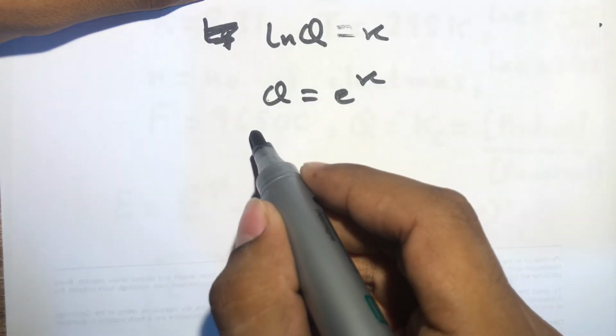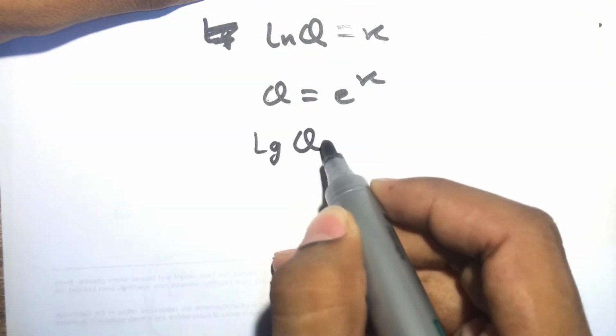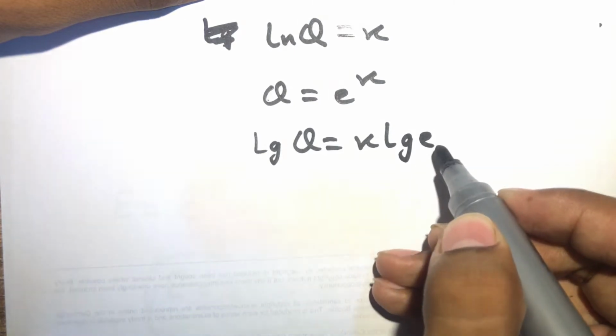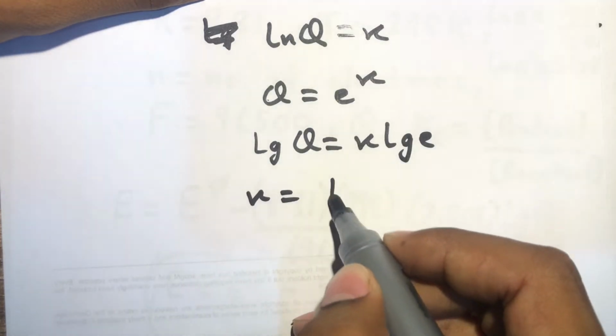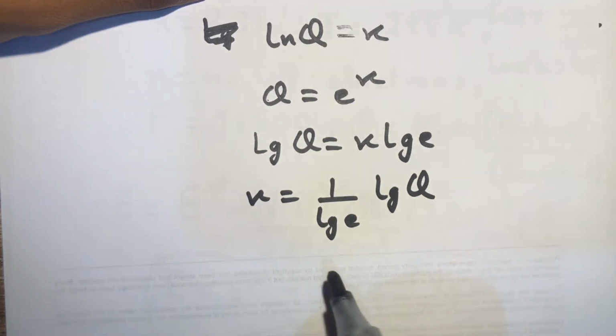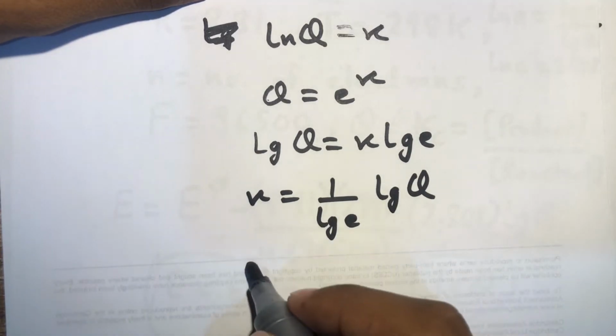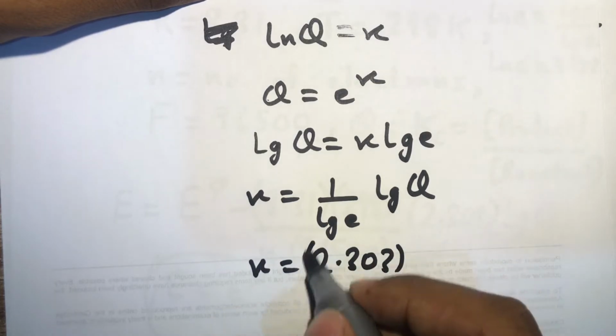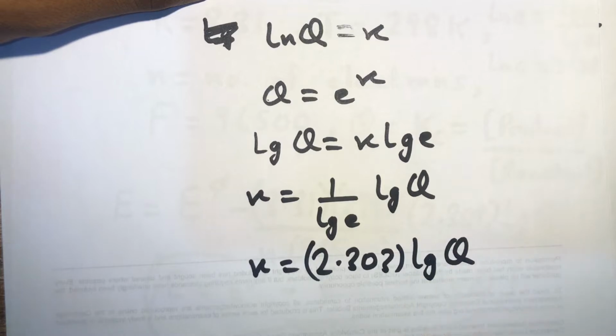Now if I apply log on both sides, this will be lg Q equals x lg e, so x equals 1 upon lg e times lg Q. 1 upon lg e is equal to 2.303. So that is how we got that result.